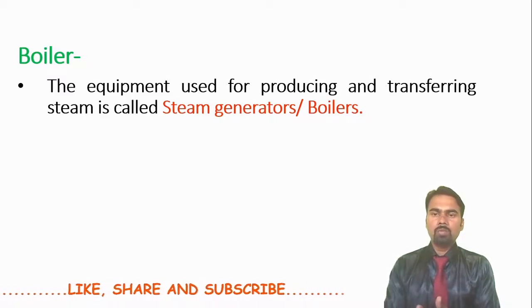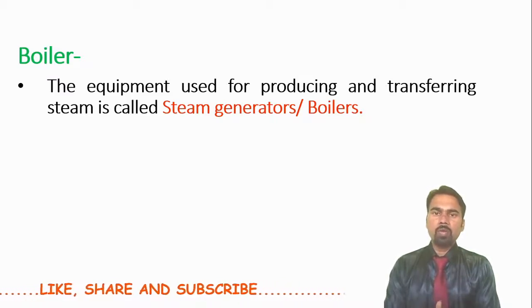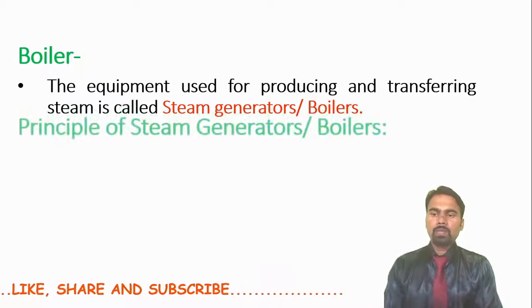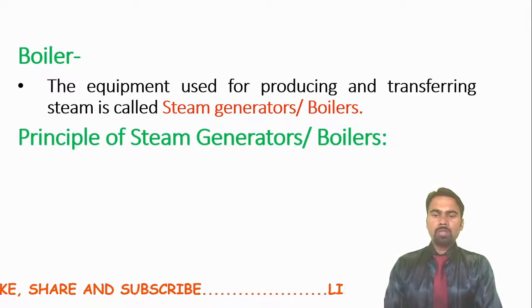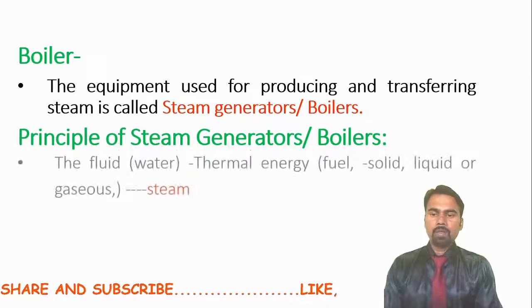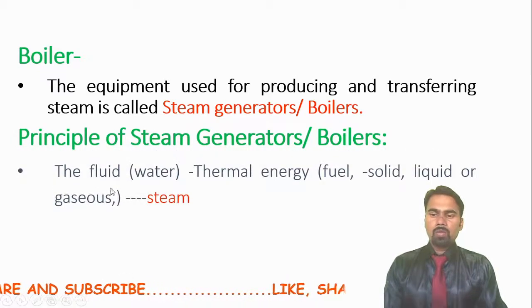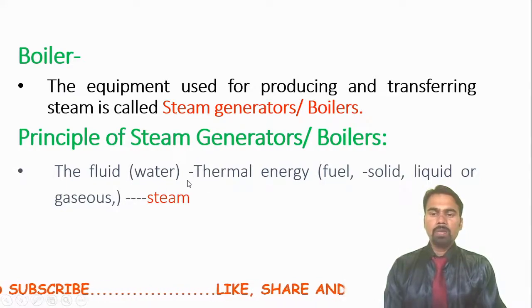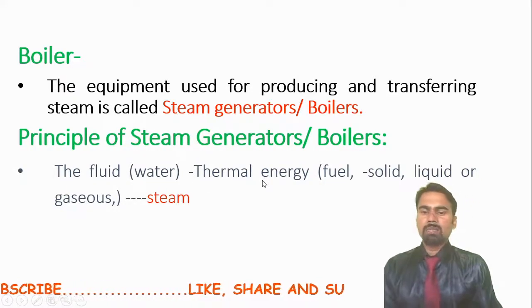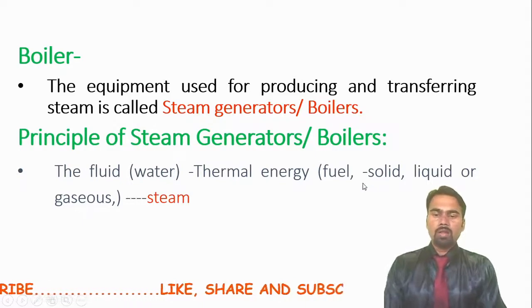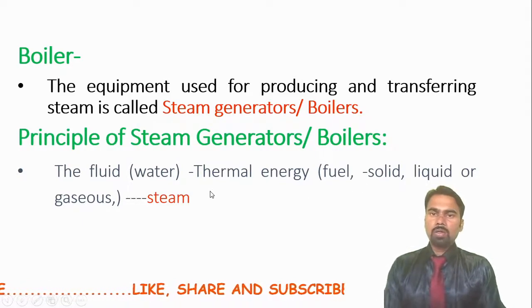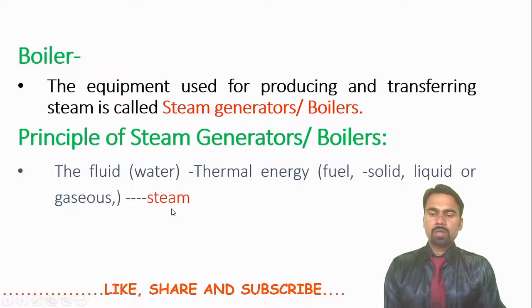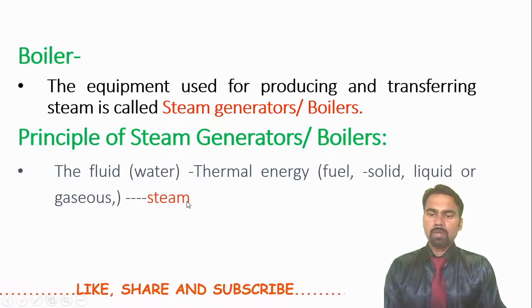It is one type of boiler. Then the working principle of the steam generator or boiler: when water is heated, and its temperature increases by burning the fuel, the conversion of liquid water into vapor form, that is steam, takes place.